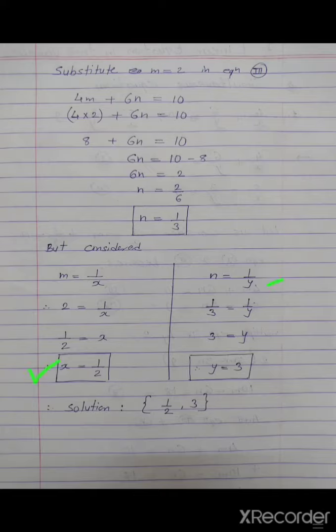Similarly, here I substitute the value of n, then this is the value of 1 upon y. So I take it to the numerator by doing invertendo, y is equal to 3. So this is the solution, in which I first write the value of x and then the value of y.